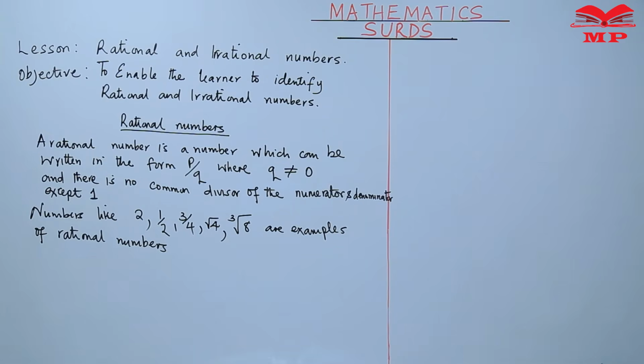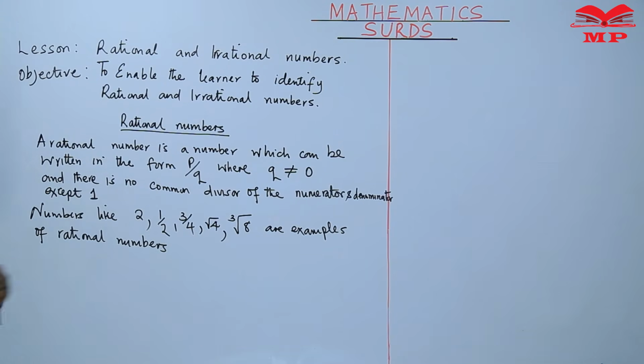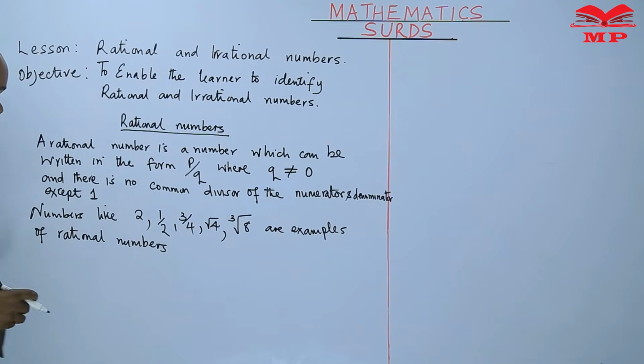And it is true from what we saw that there's no common divisor of the numerator and the denominator except 1, as in 3/4 and 1/2.